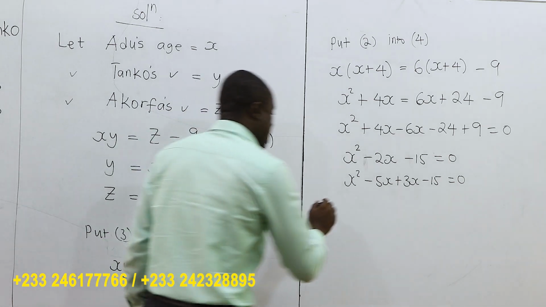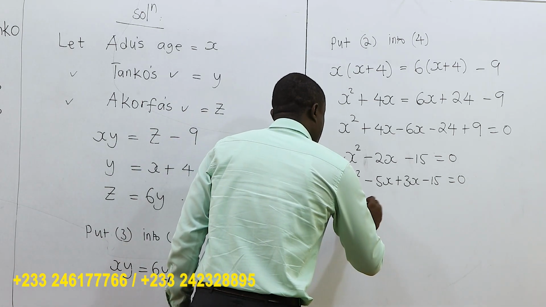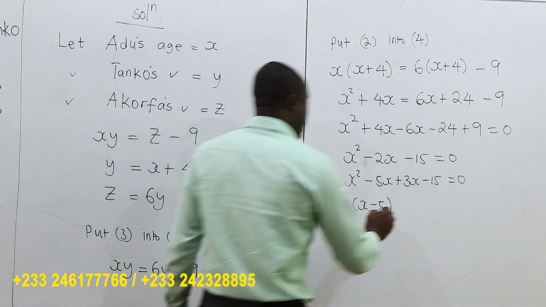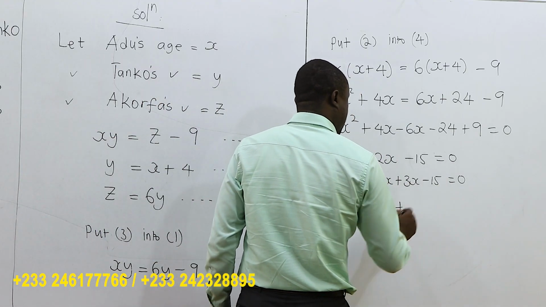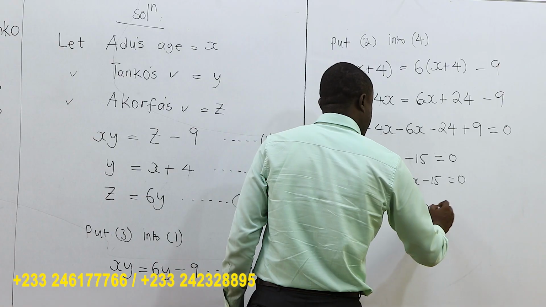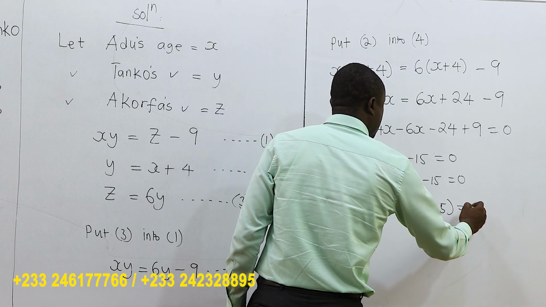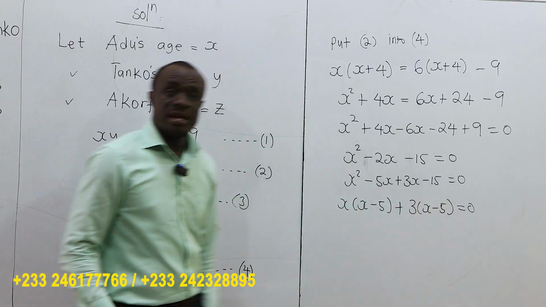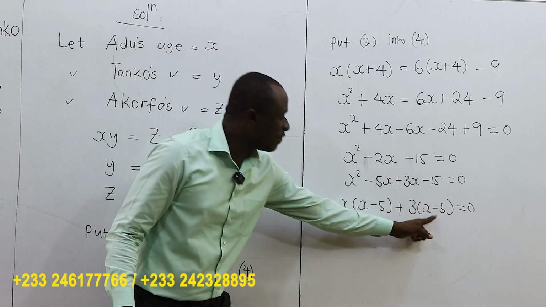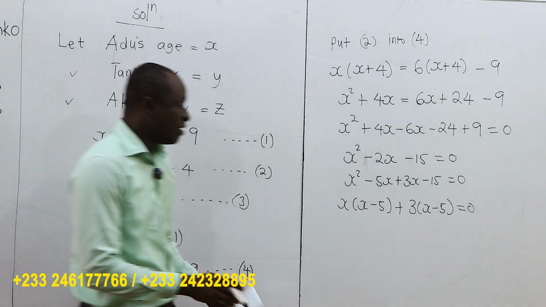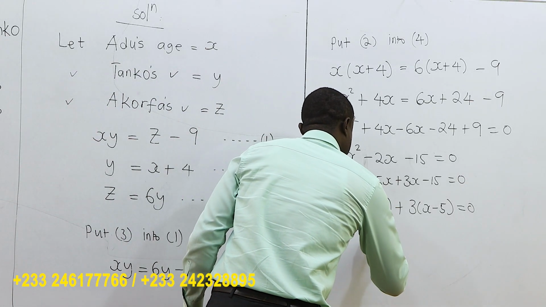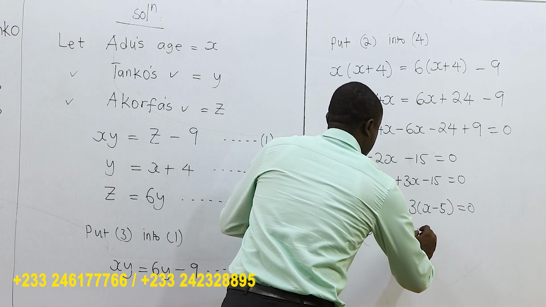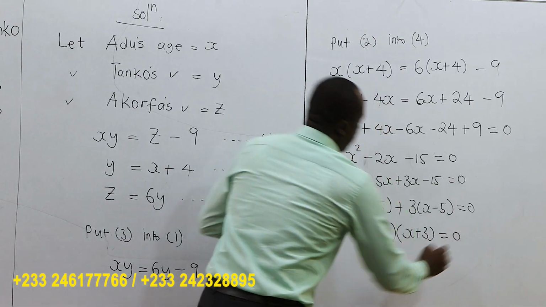X. Factorizing X out, we have X minus 5. Then 3X minus 15; the common factor is 3, giving 3 times X minus 5. X minus 5 is a common factor, so factorize that out, and what do you have here? X plus 3 equal to 0.